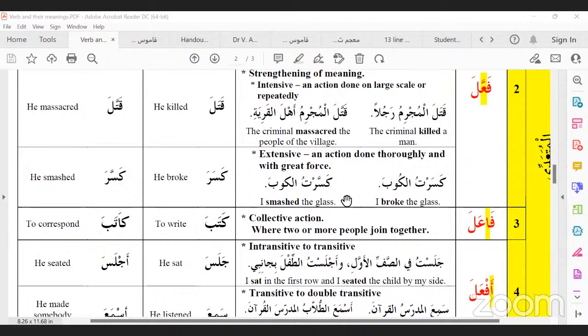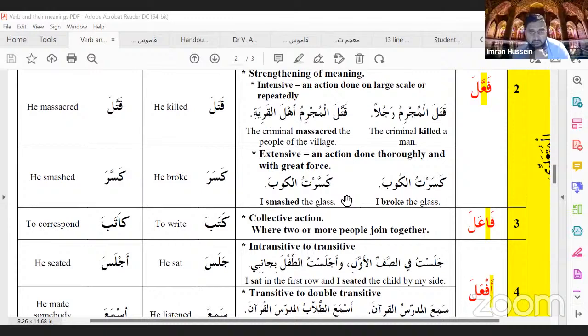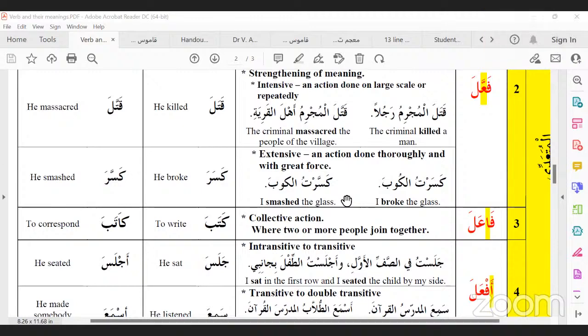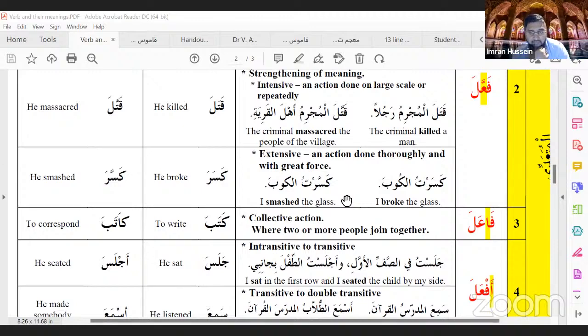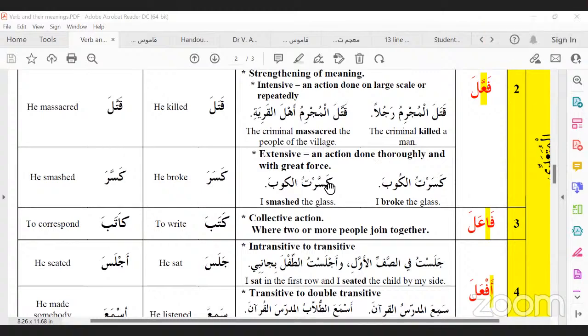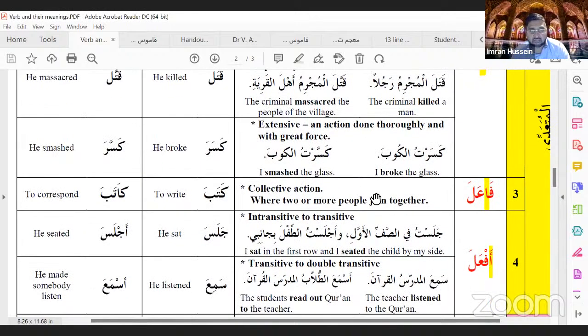Kasartul kubba. I smashed the glass. Excellent. Is that clear for you? So this is kassarto, extensive, an action done thoroughly and with great force. So whenever this happens, it indicates that. Brilliant.